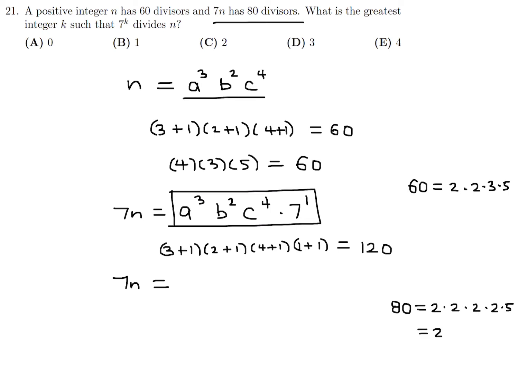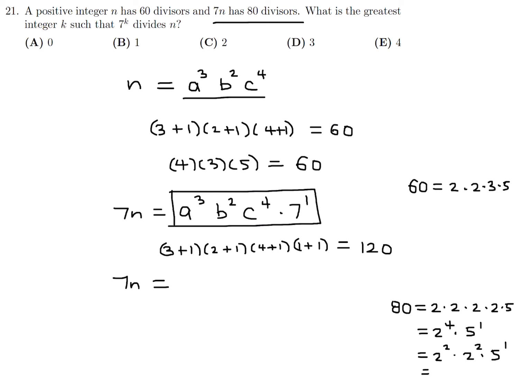So that really is like 2 to the power of 4 times 5 to the power of 1, like that. Okay, does that help me? Perhaps. How about if I wrote it like 2 to the power of 2 times 2 to the power of 2 times 5 to the power of 1, like that.